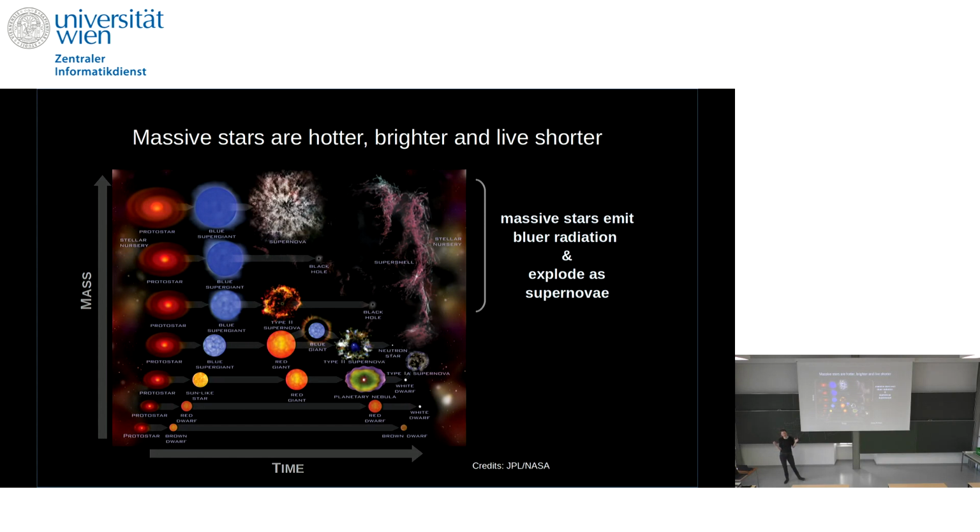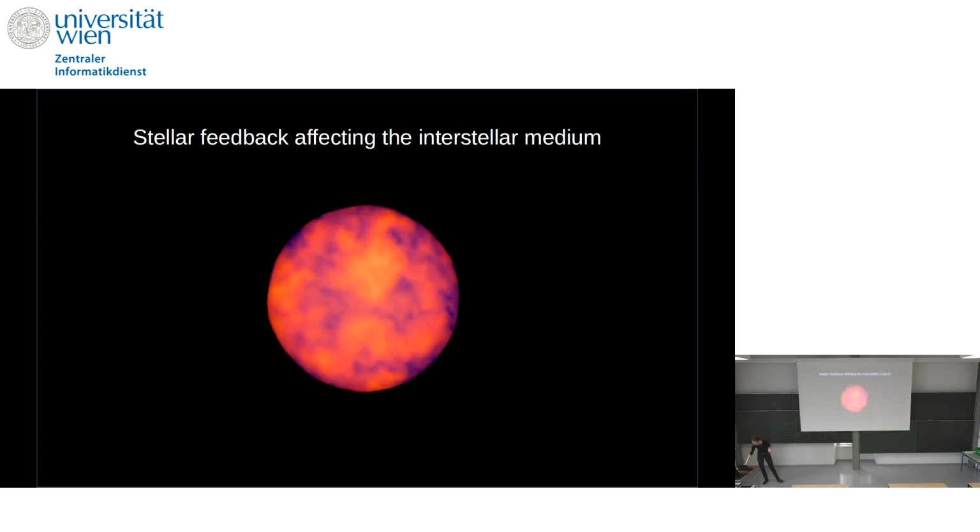They only live for 8-10 million years, and then they explode as supernovae, and different types of supernovae depending on your initial mass. And that's basically the key point as a feedback mechanism. When you form stars, you form a certain population of stars, and that will also change the gas from which you have formed them.